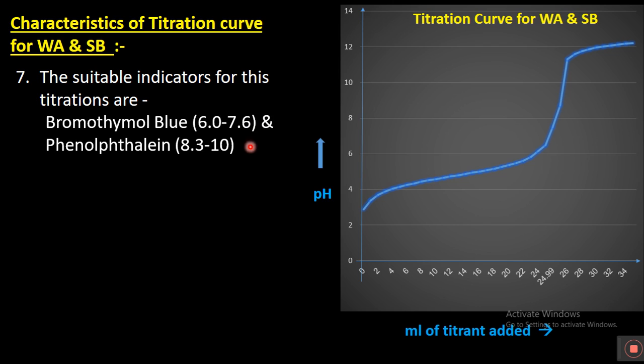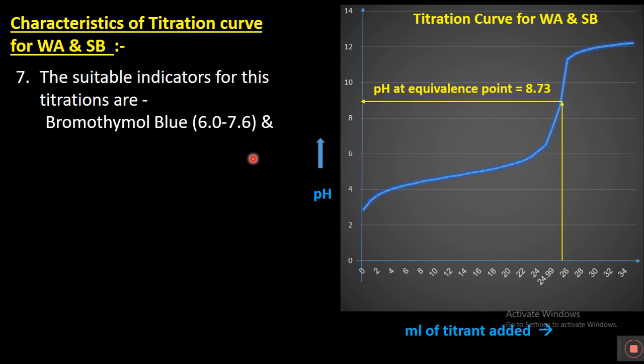Out of these two, which indicator will be the best indicator? The suitable indicator which has its transition range around the pH at the equivalence point is called the best indicator. Here the pH at the equivalence point is 8.73, and the phenolphthalein indicator has its transition range around the pH at the equivalence point.